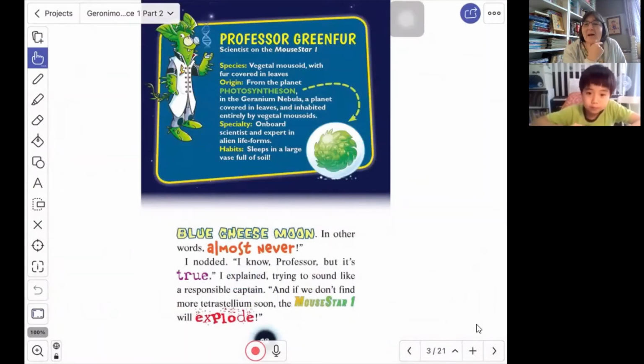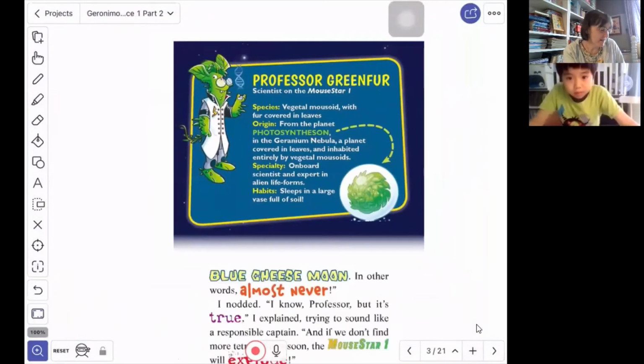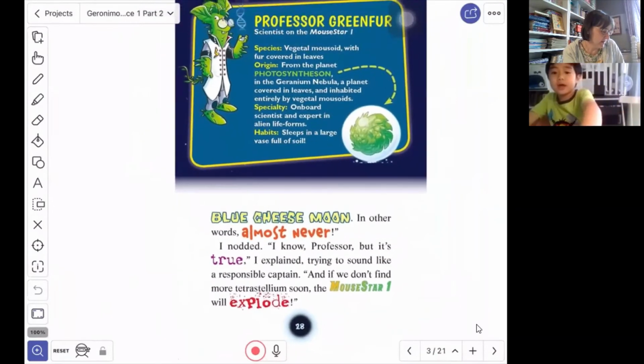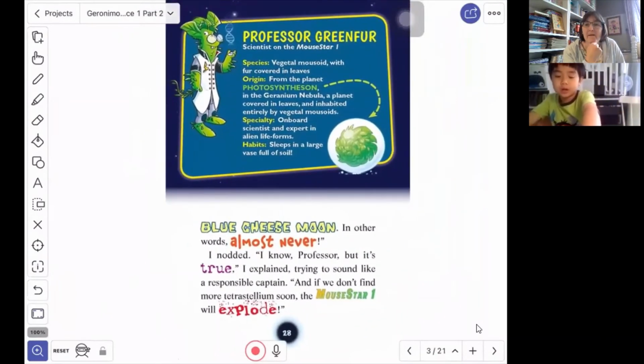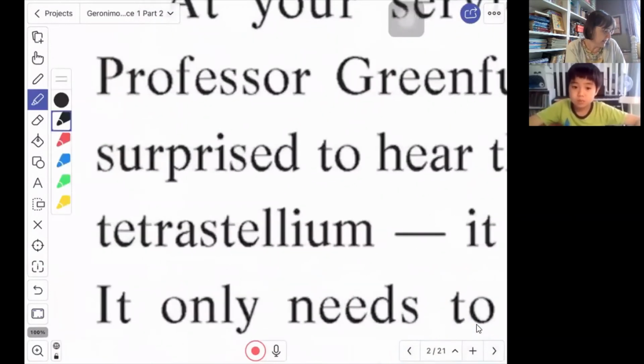But I wanted to remind us, there was something interesting that happened back here when we were meeting Professor Greenfur. The thing was he can turn into a bush. Right, because he's from this other planet. But I remember Geronimo was telling him that they're going on this mission to planet Ratos to get this element called right here, Tetrastellium.